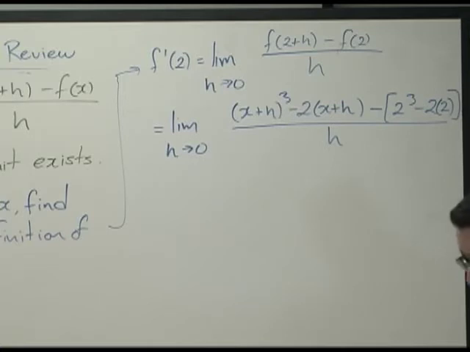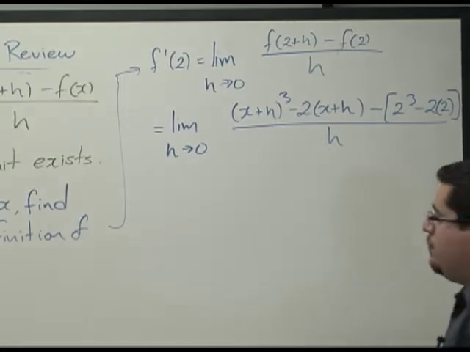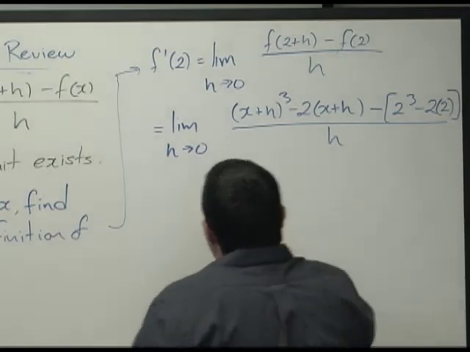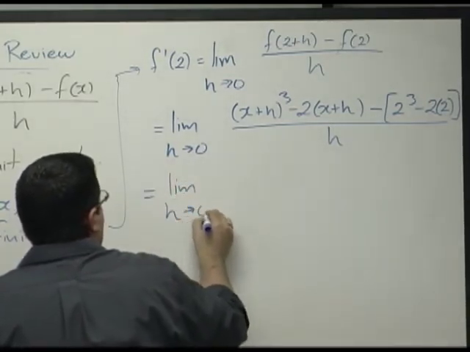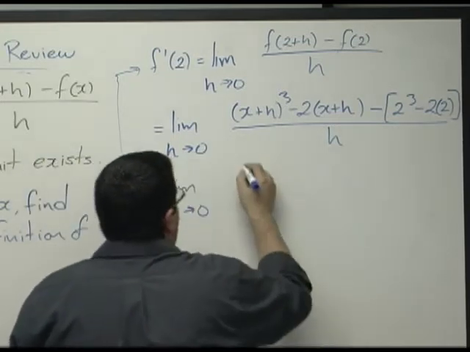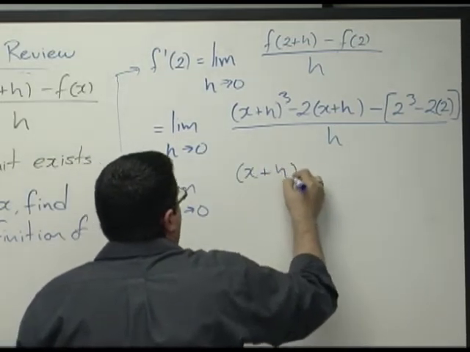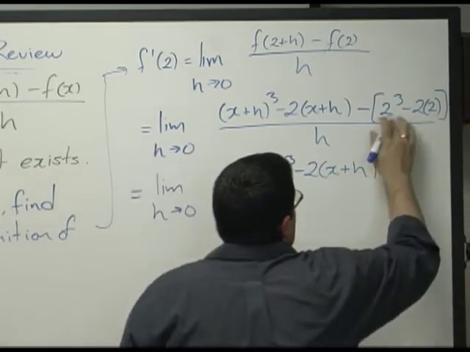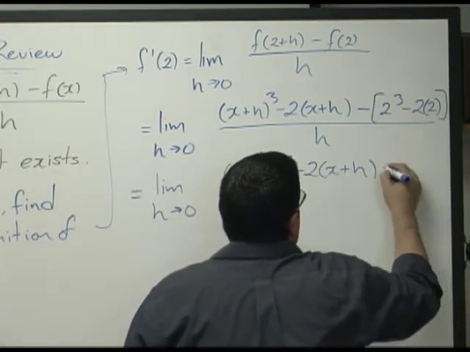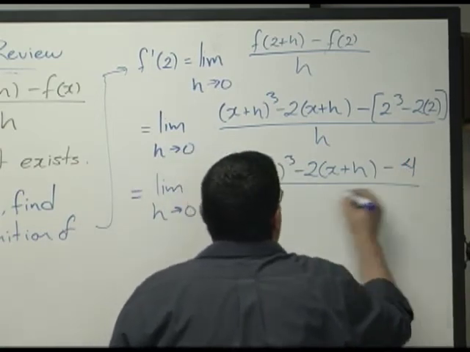Any questions? Yep. Okay, so we can simplify this a little bit. We're going to have x plus h quantity cubed minus 2 times x plus h minus, this is going to be 8 minus 4, giving you 4 over h.